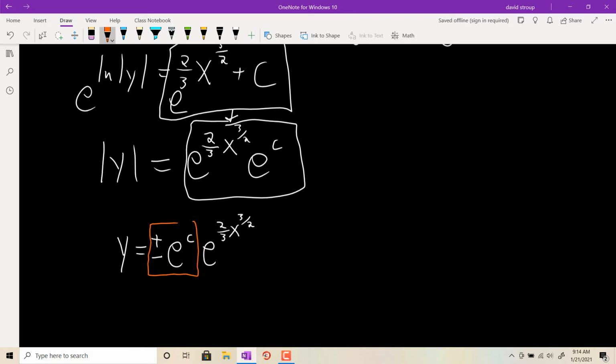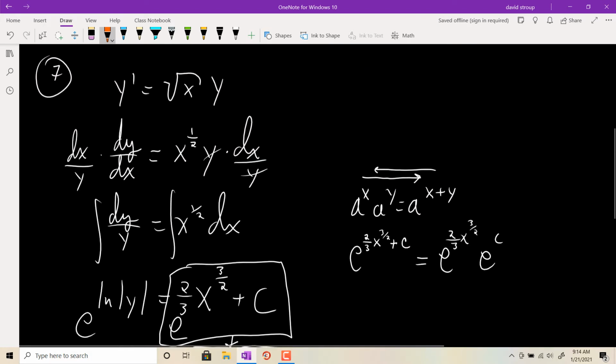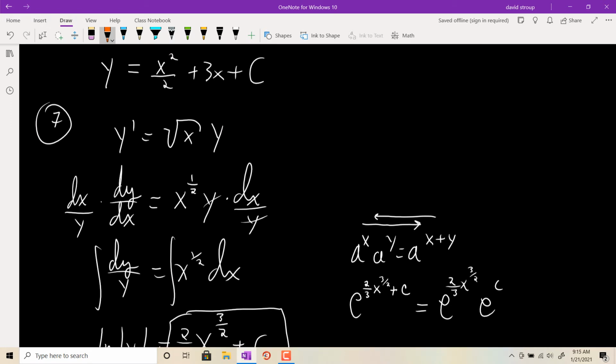I have to be a little careful because this thing technically can't be equal to 0. But if you look back at the original equation, y equals 0 is a solution to that differential equation. The derivative of y would be 0.